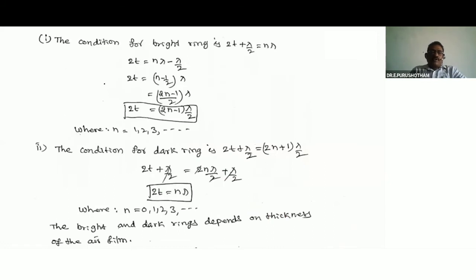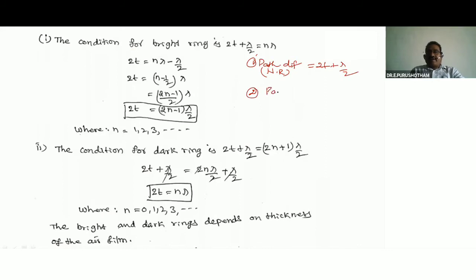You clearly observe here the condition for bright ring. Path difference in Newton rings, you remember, is 2t plus lambda by 2, just as we have calculated.